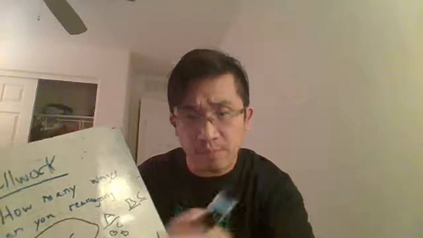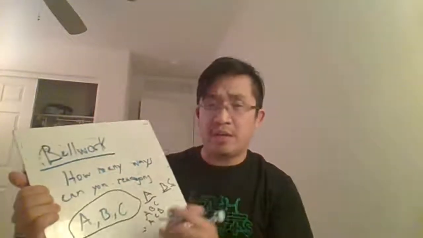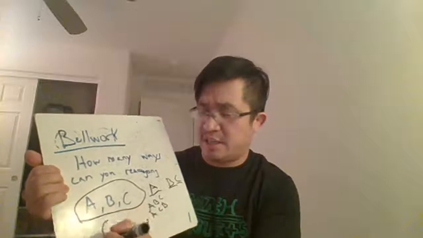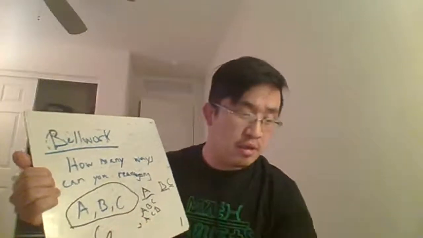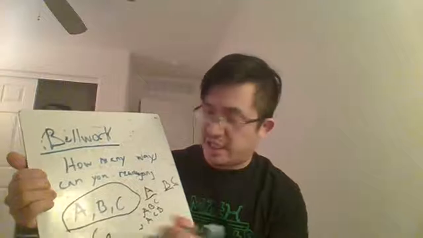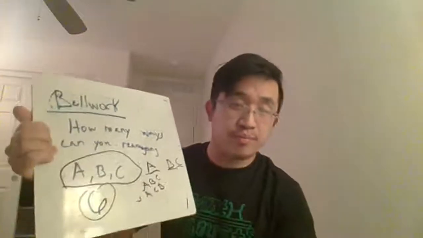Isaac, Eliana, you got the right answer. The right answer I saw in chat is going to be 6. Cool. Now, what you just did was called a factorial. Let me write this down a little better so you can see the answer.